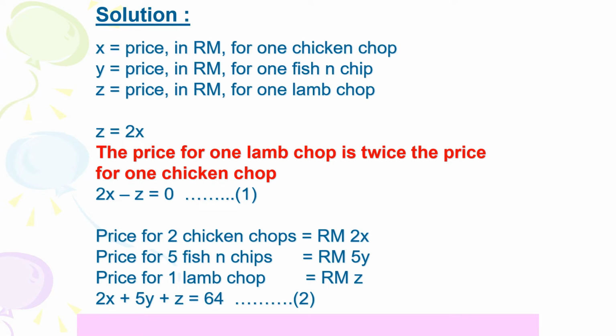For the next information, given the price for 2 chicken chops, 5 fish and chips, and 1 lamb chop, we have 2x + 5y + z = 64, which is equation 2.